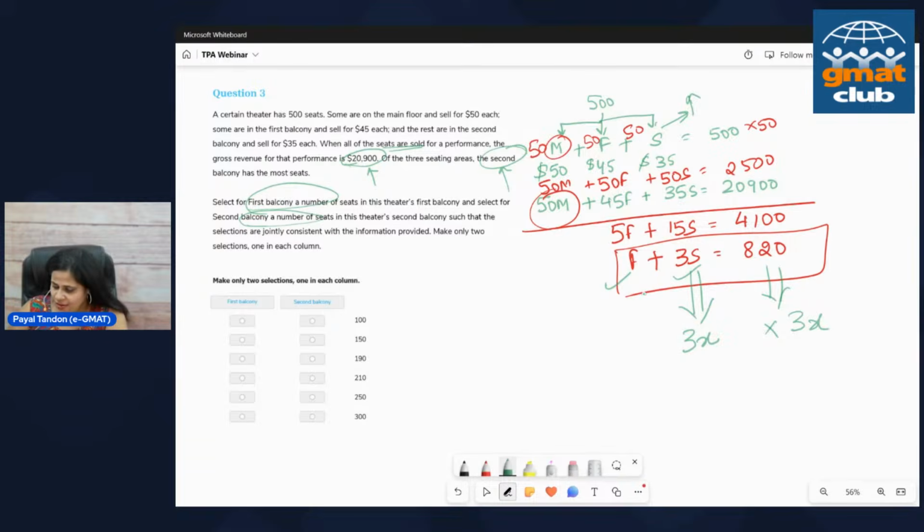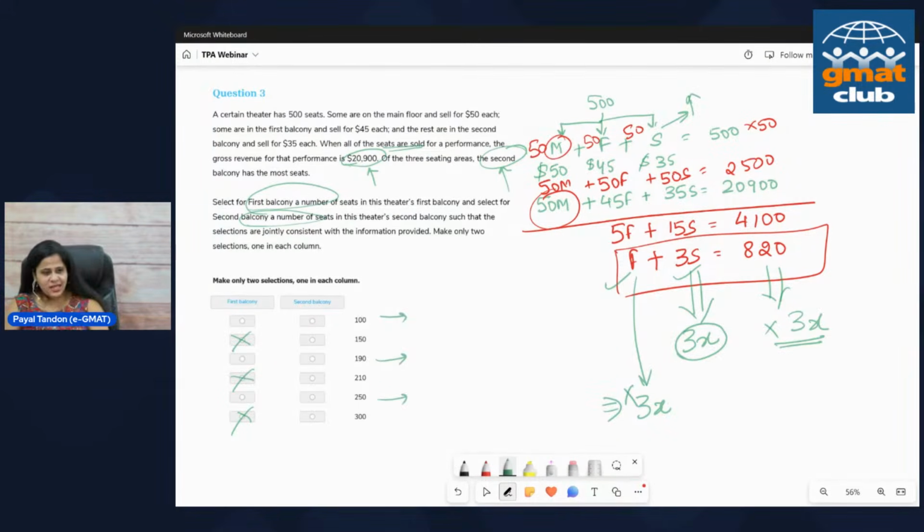If 820 is not a multiple of 3, but 3s is, what does that tell you about this f? What this tells you is that f is also not a multiple of 3. Which means that from these answer choices, you can eliminate all the answer choices for f which are multiples of 3. Which means now you are left with 100, 190, and 250.